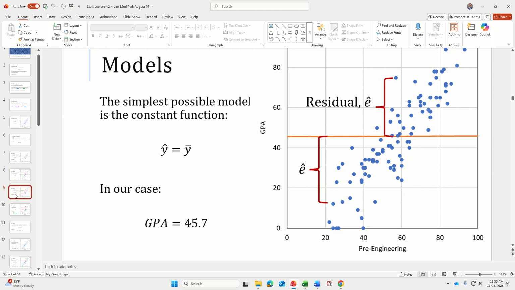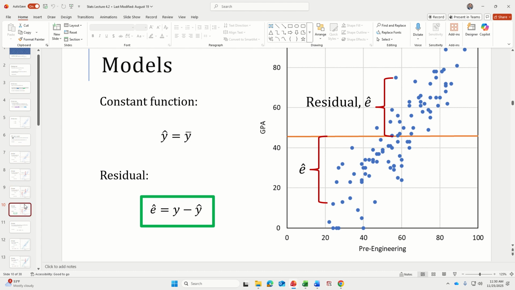We want to change this line by giving it some kind of slope. And when we give this line a slope, we want to minimize not just these residuals. By the way, this is the definition of the word residual: what's the difference between a measured value and a predicted value from my response variable?